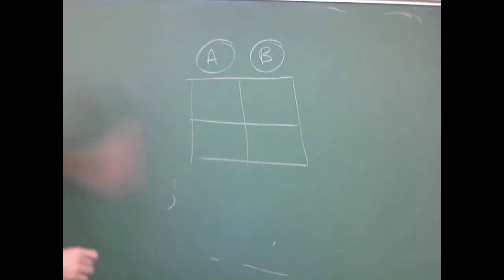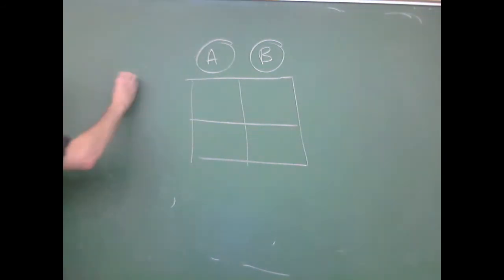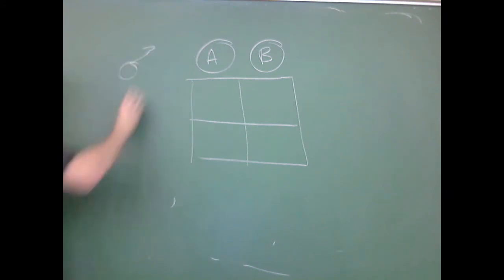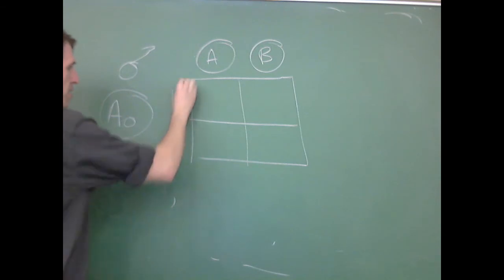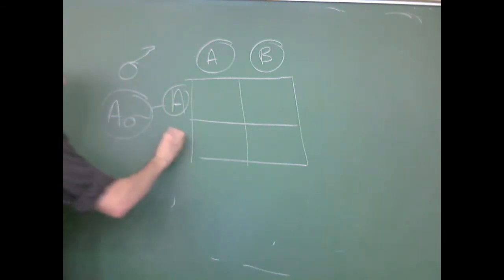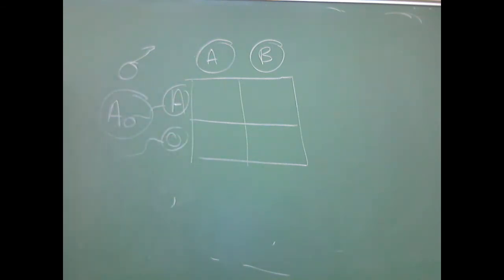We said that males, for example, let's say he is type A blood, but he has an A allele and an O allele. Then statistically we said that he would have an A allele in one half of his sperm and an O allele in the other half of his sperm, right?